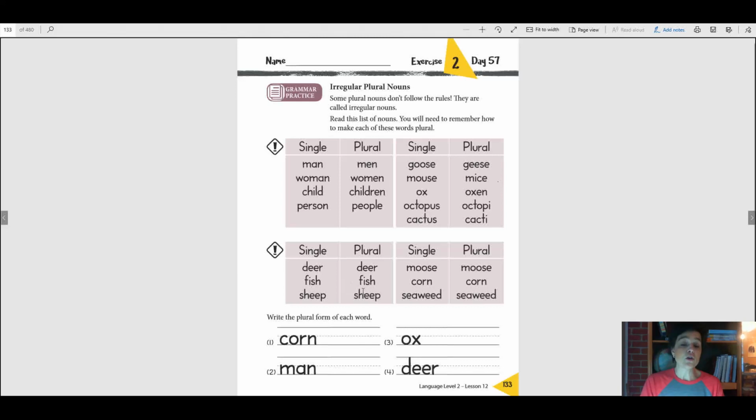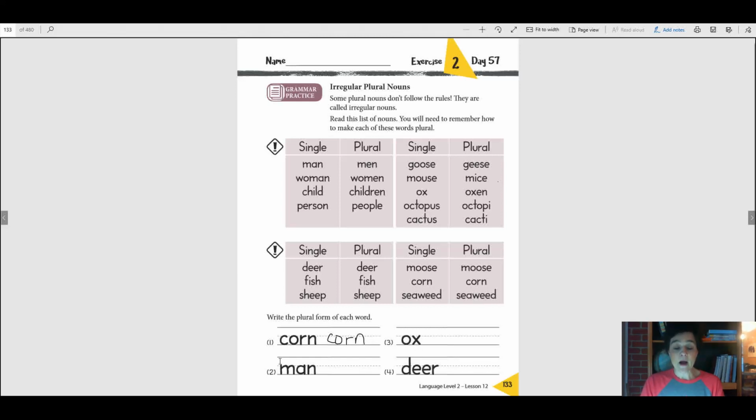Okay, and I want you to write it. Now let me help you with the first one. Now, the word corn. What's the plural of corn? Well, let's go up here and find corn. Corn is singular. Plural, it would be corn. It's one that doesn't change. So you would just write corn.